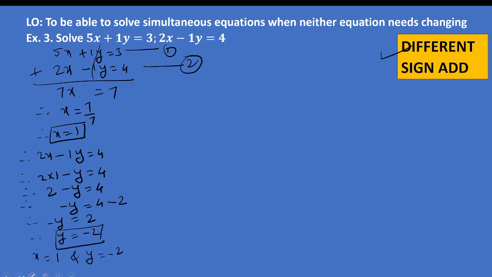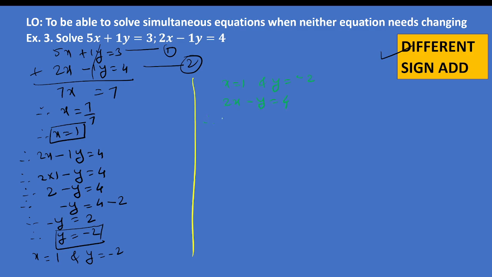So to verify these answers, what we are going to do is use these values and put them in any one of these equations. So what is it? x equals to 1 and y equals to minus 2. I'm going to put them in equation number 2: 2x minus y equals to 4.